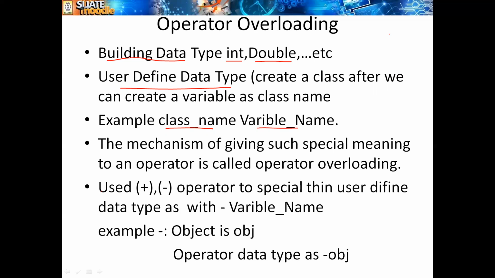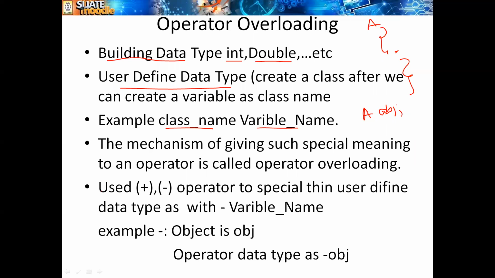If I create a class A and write something inside it, then I create an object of it, like obj. Object created, object name obj.